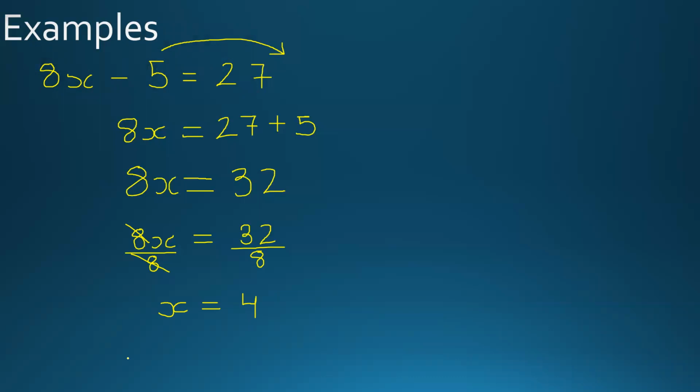So you'll get 8x equals 27 plus 5. And 27 plus 5 is 32. So that's how you get the 8x equals 32. And then you bring the 8 under the line, where you would get 32 over 8, which means to divide, and that's how you get x equals 4. Very good. Excellent. Thank you for that explanation.